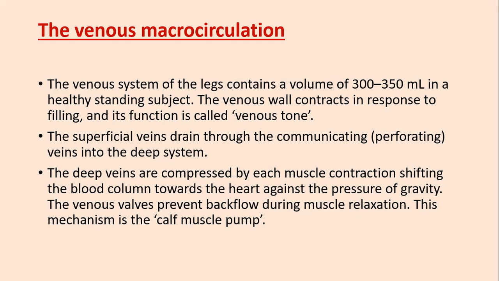We already mentioned this. The deep veins are compressed by muscle contraction, shifting the blood column towards the heart against the pressure of gravity. The venous valve prevents the backflow during muscle relaxation, just like it does in the heart. And this mechanism is called the calf muscle pump.